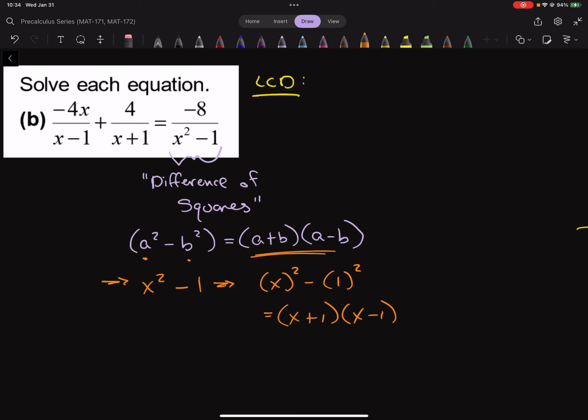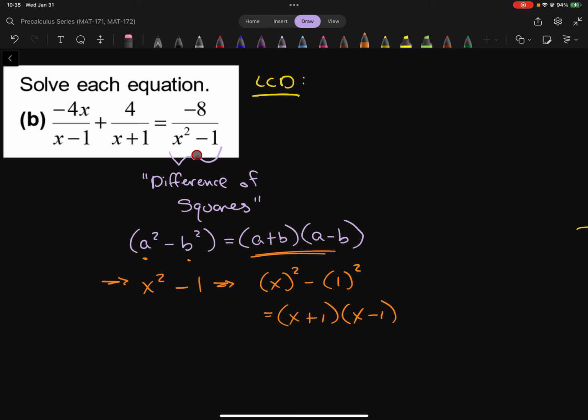So if you were tempted to take the LCD by just multiplying all the denominators together, you can see here that we can just use this as the LCD, and it will take care of the denominators on the left-hand side and also the denominator on the right-hand side, since if we multiplied this back out, we would go right back to where we started.